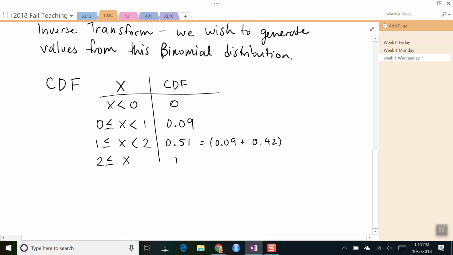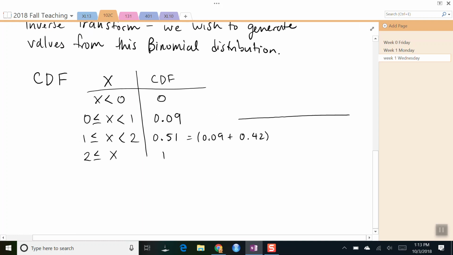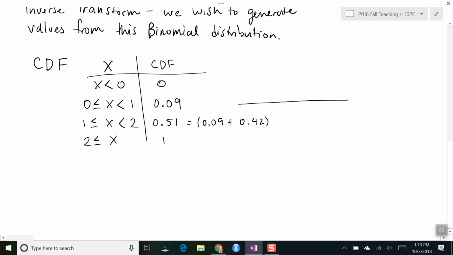So if I graph this, my CDF looks like this.